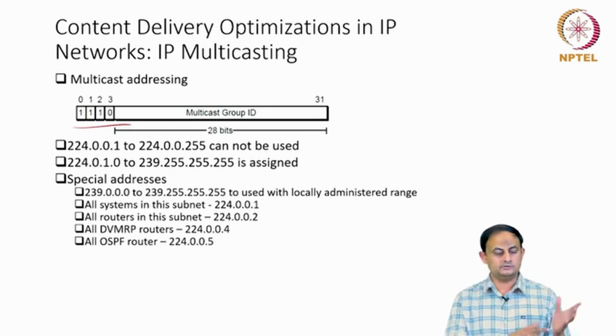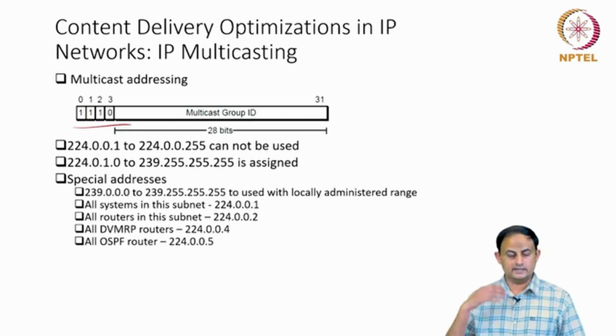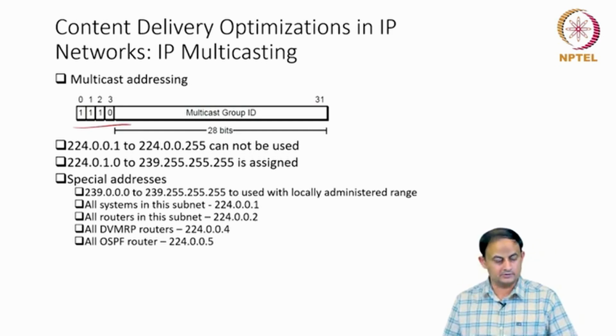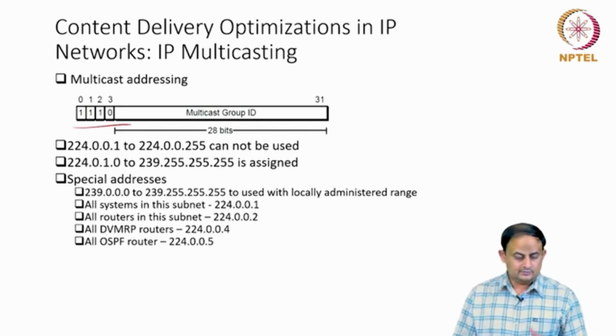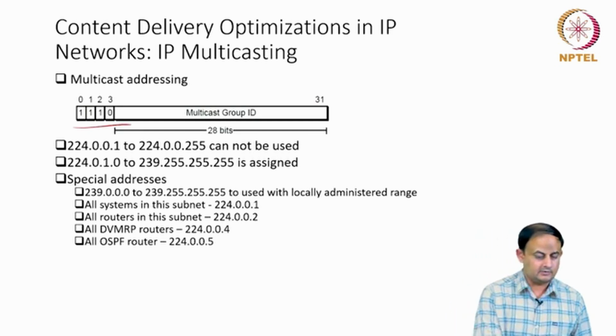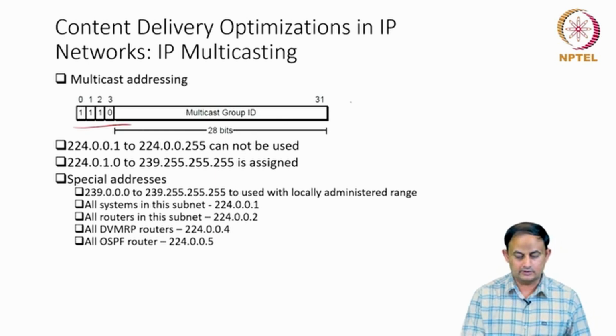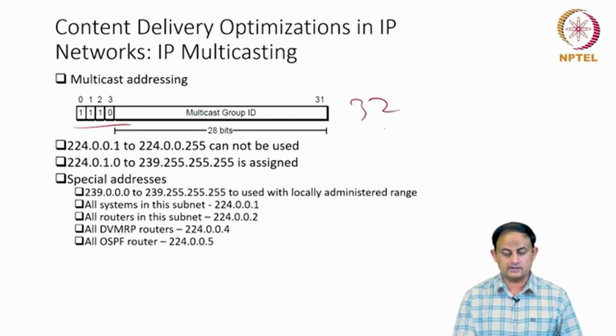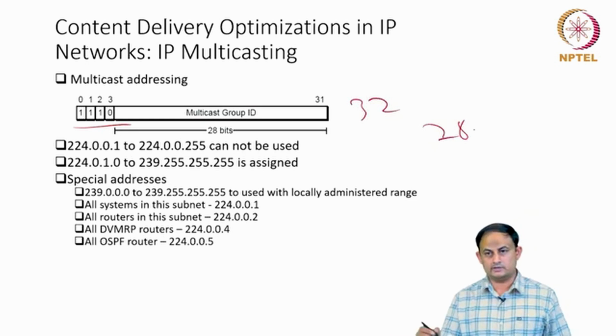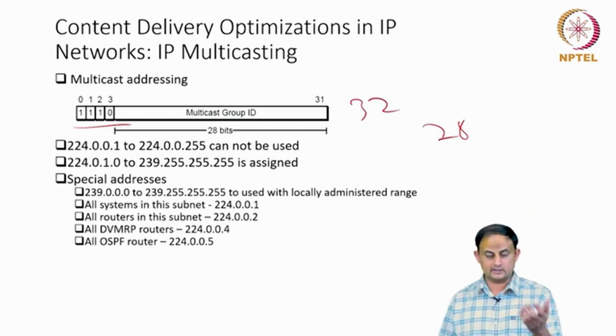It starts with 111 followed by 0, which indicates that multicasting is being used. Out of the 32 bits, 4 bits are taken, and the remaining 28 bits can take any value. That is technically what it means.